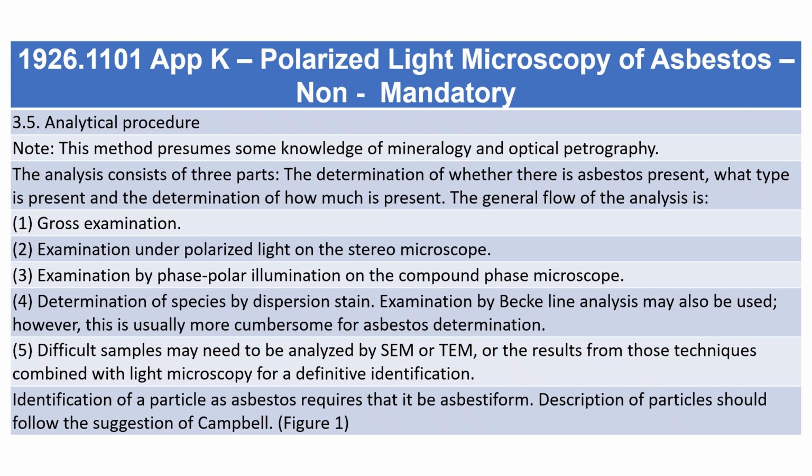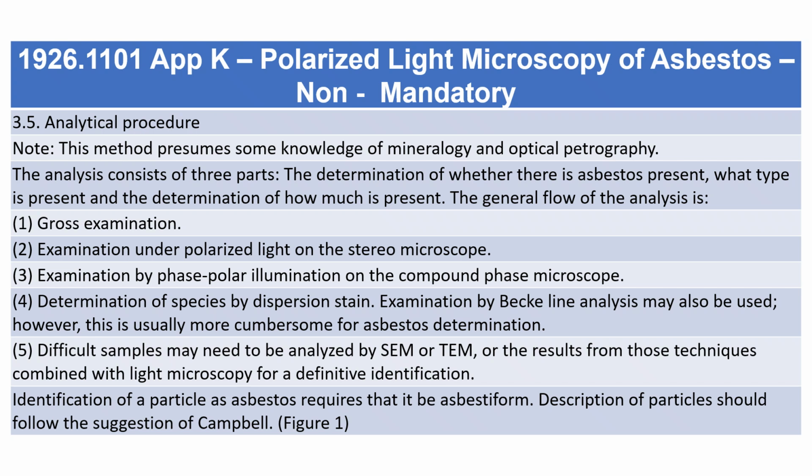The analysis consists of 3 parts: the determination of whether there is asbestos present, what type is present, and the determination of how much is present. The general flow of the analysis is 1. Gross examination. 2. Examination under polarized light on the stereo microscope. 3.